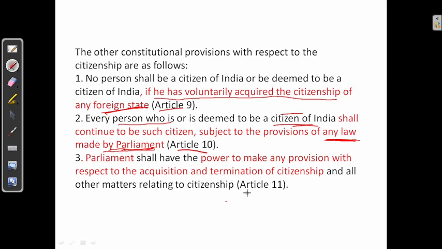Next, Article 11 says, Parliament shall have the power to make any provisions with respect to the acquisition and termination of citizenship. Okay, acquisition and termination of citizenship, power is given to Parliament only. This was given under Article 11.